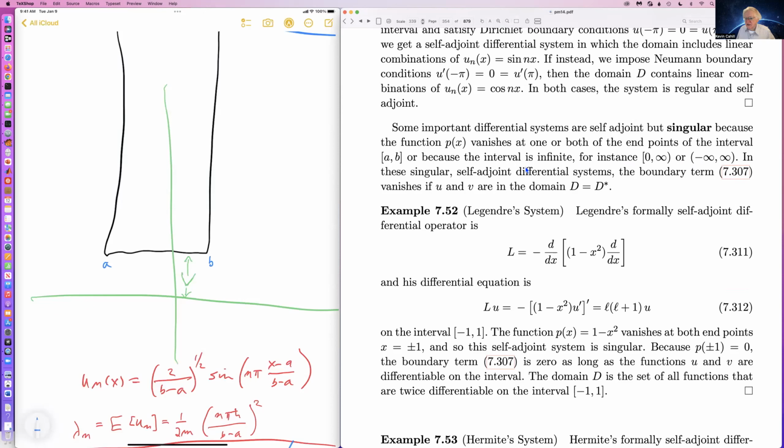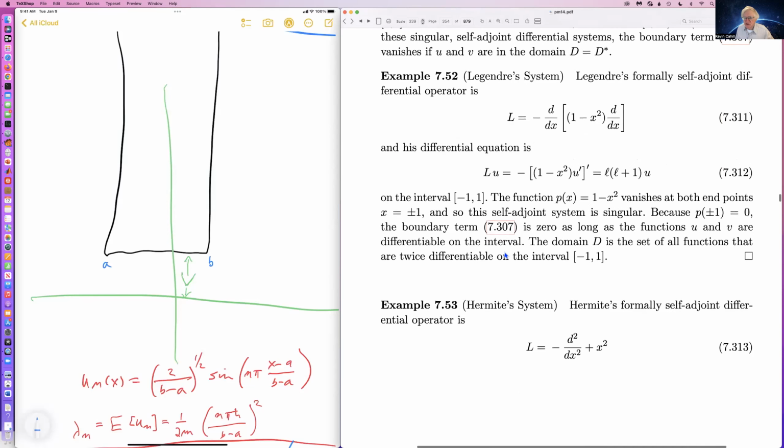In these singular self-adjoint systems, if they are self-adjoint, then the boundary term vanishes and D is D star. This is typically the situation in quantum mechanics, that we have self-adjoint differential systems. One example of a singular system is Legendre's system.